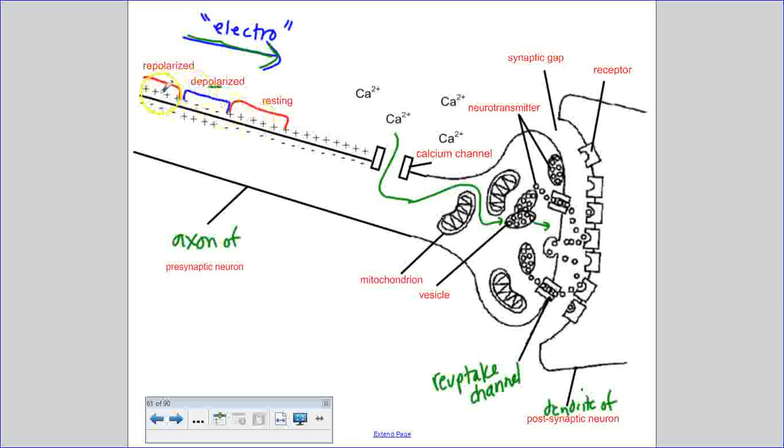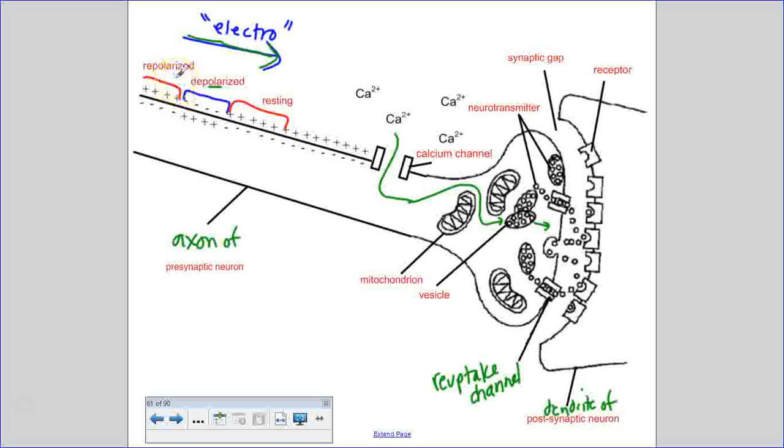Right behind the depolarized region, the charges are back to normal. Okay, so you can see it's positive on the outside, negative on the inside, like it would be if it was resting, but the ions are mixed up. It's still got potassium on the outside and sodium on the inside. So we call this region right behind the message the repolarized region.